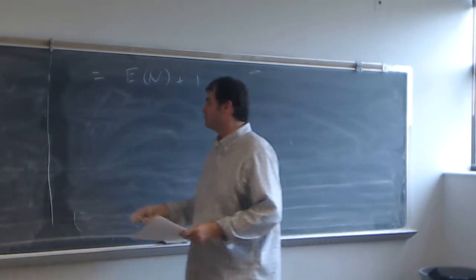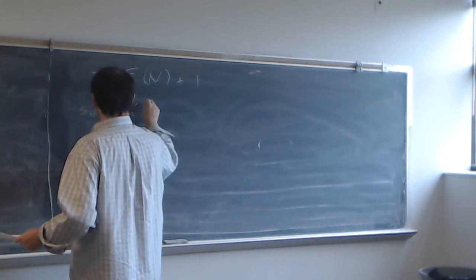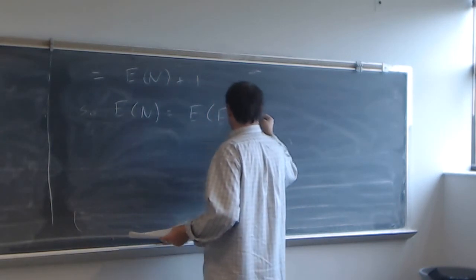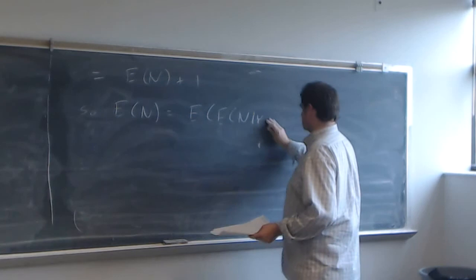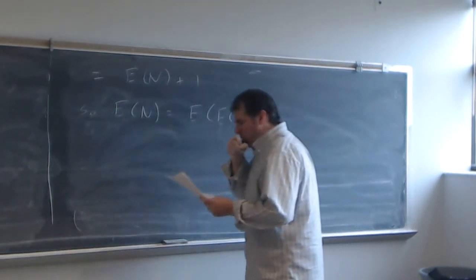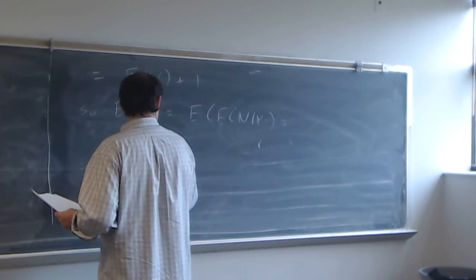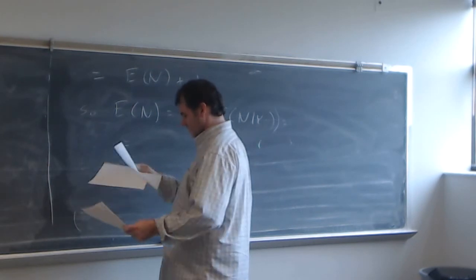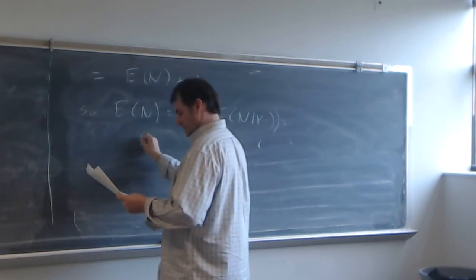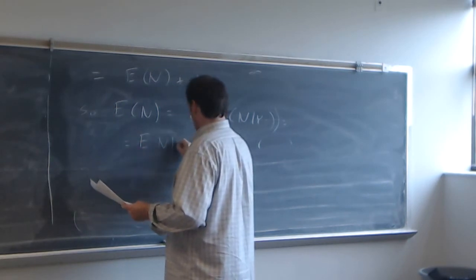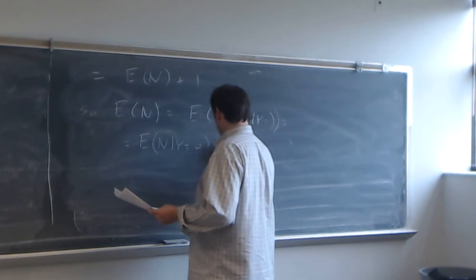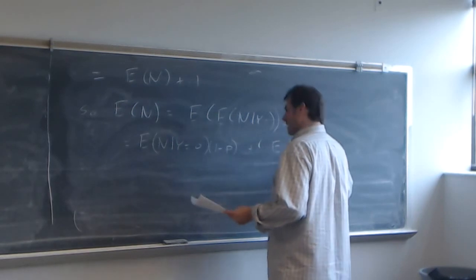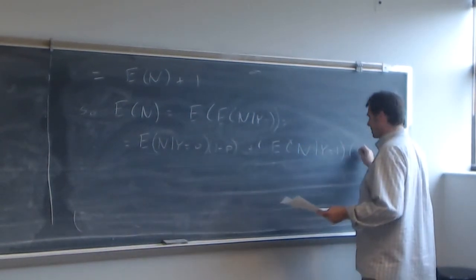So, the expected value of n. Remember, this was our question, which was equal to the expected value of n given y, which we have already found to be equal to the expected value of n given y equal to 0 times 1 minus p, plus the expected value of n given y equal to 1 times p.